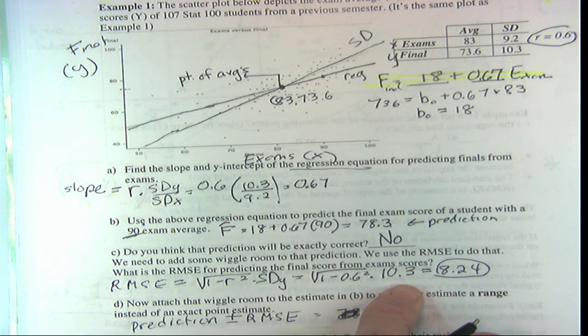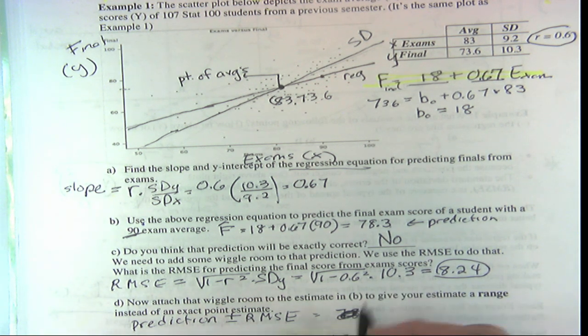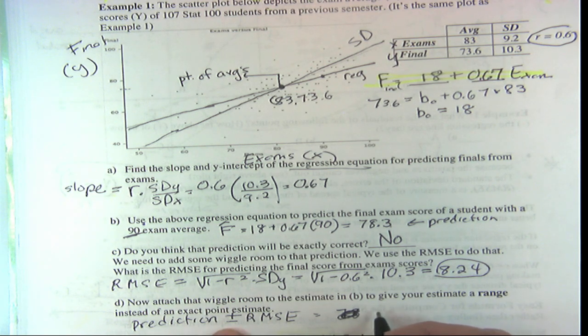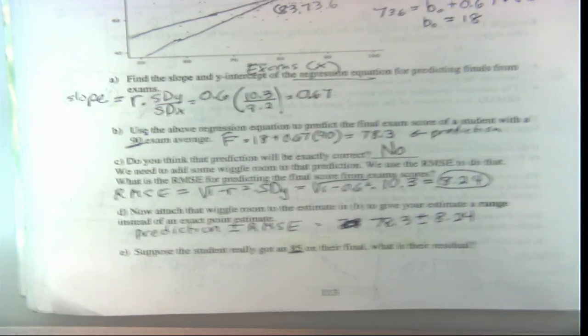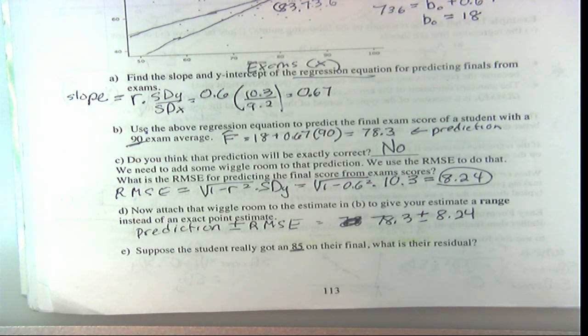So if I wanted to add that here, I'd say, okay, so the prediction is 78.3, plus or minus 8.24. Any questions so far? So you could give it a range.